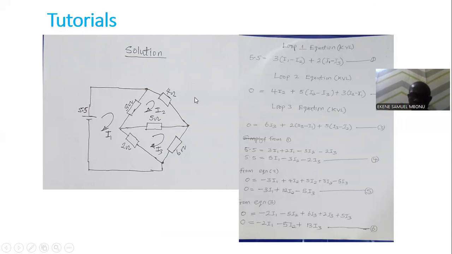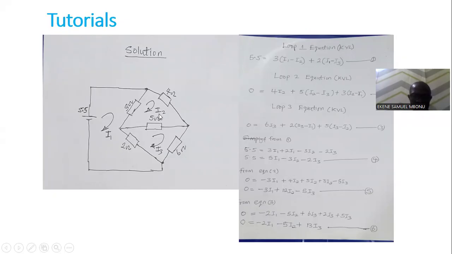For the first loop, 5.5 = 3I1 plus 2(I1 minus I3) minus 3(I2 minus I1) as written. That's the loop equation. For loop 2, the principal current there is I2.